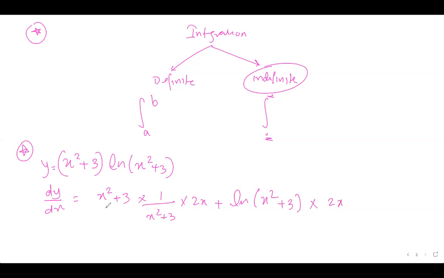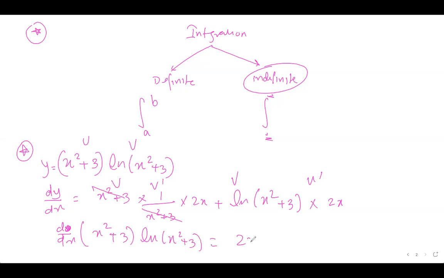I used the product rule, uv dash plus vu dash, the normal product rule. So this cancels, and we get the derivative of (x squared plus 3) times ln(x squared plus 3) as 2x plus 2x ln(x squared plus 3). So that's the derivative of this.